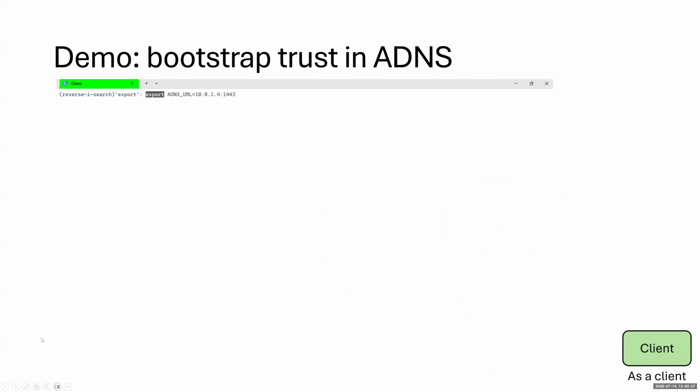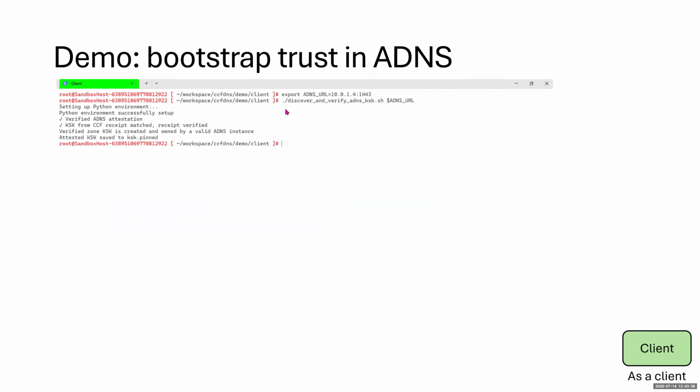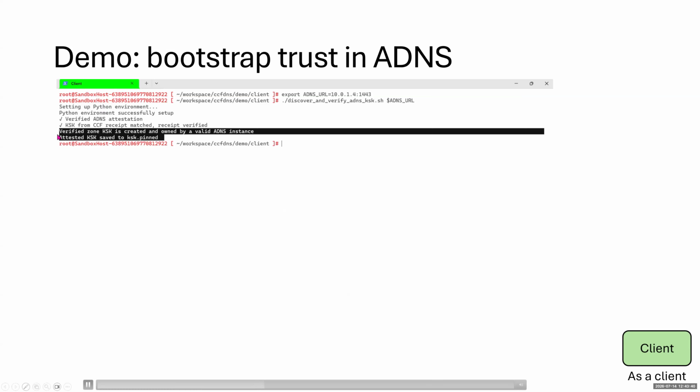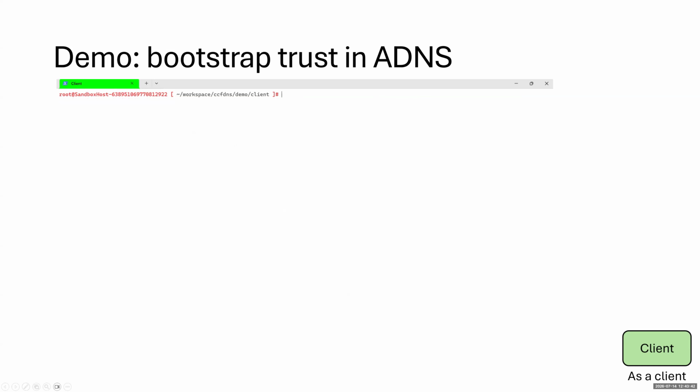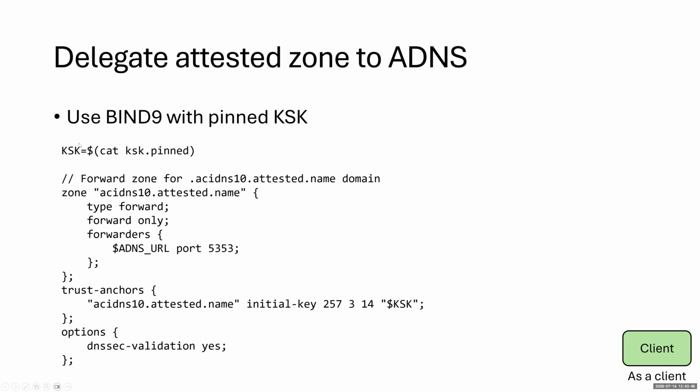So there's this little demo showing how the script runs. We get the KSK back. That's just executed the sequence of code that was on the left on the previous slide. Once we've done that, we can set the KSK in bind.